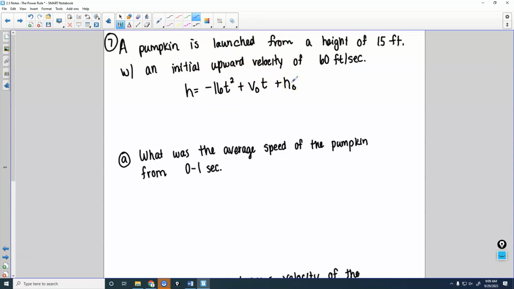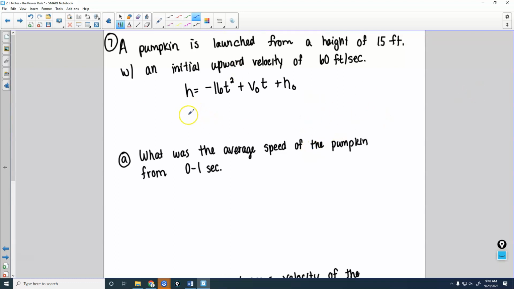Now, for something like a pumpkin, air resistance is going to be lower because it's a fairly dense object, so you can still get a relatively close estimate here. If you were launching something like a flying squirrel from this particular cannon, it would not be so accurate because they have a lot of air resistance and would not follow this as well. But for relatively dense objects, ignoring air resistance, this is your height.